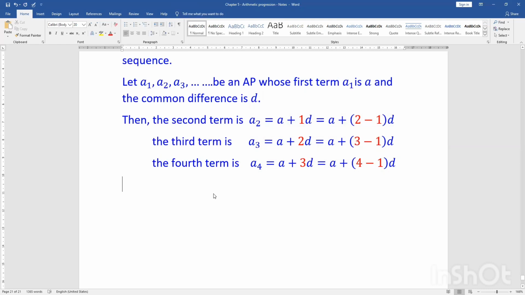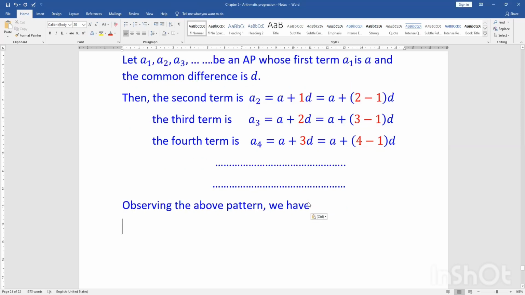Now this pattern, we are going to follow it for a few steps. The same pattern follows, so I only mention it as dot dot dot. Observing the above pattern, we have an is equal to a plus... Here we had 4, so instead of 4, I am going to put n.